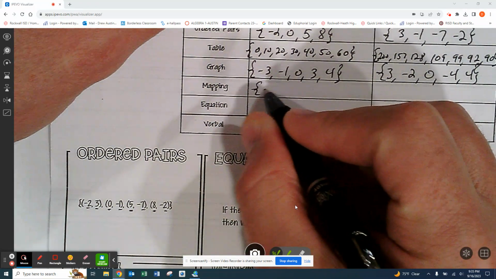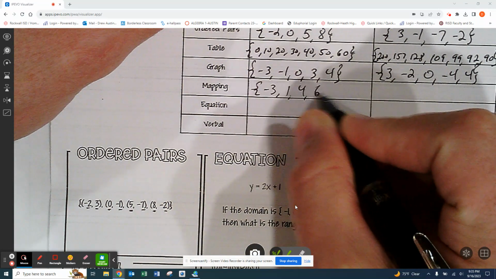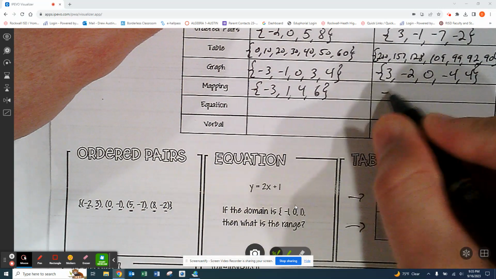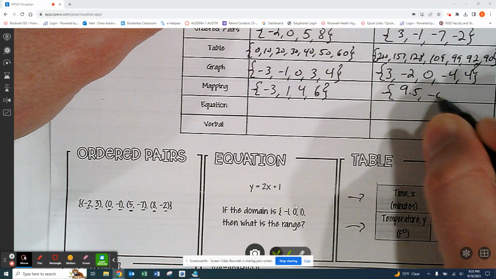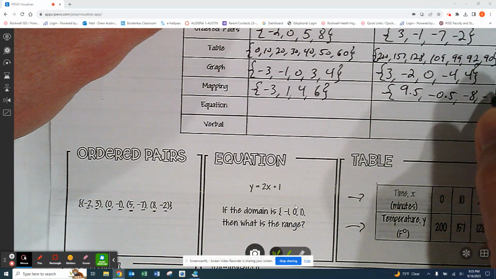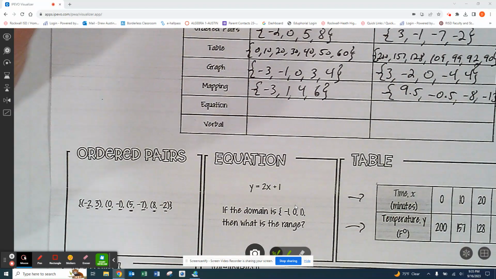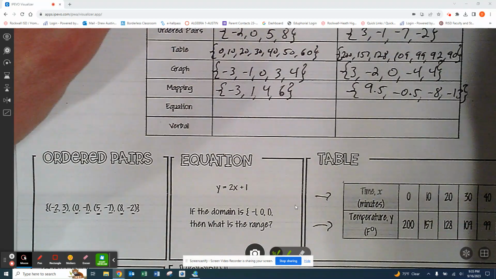The ones on the left are the domain, -3, 1, 4, and 6. The ones on the right are the range, 9.5, -0.5, -8, and -13.